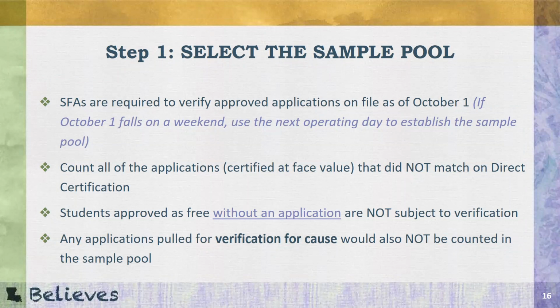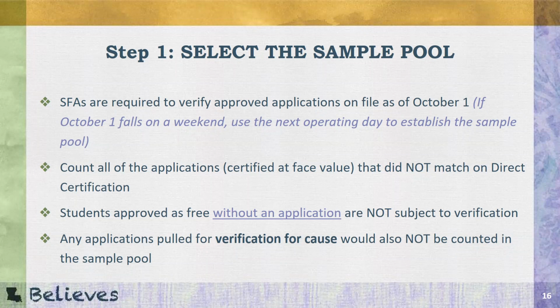The sample pool is not based on the number of children eligible for free and reduced price benefits, as some eligible students will have established eligibility through the direct certification process and will not have an application on file.